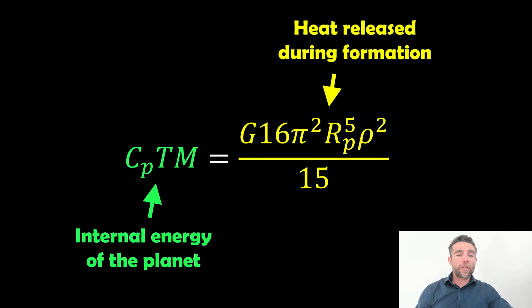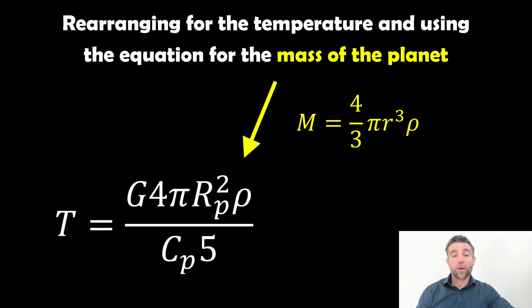On the left hand side there, we've got the internal energy of the planet, which we just mentioned, and then we've got the heat released during the formation on the other side. So to get the temperature of the planet straight after formation, we just want to rearrange that for T, for temperature, and then we can determine what that temperature would be given its radius and its density, and obviously the specific heat as well.